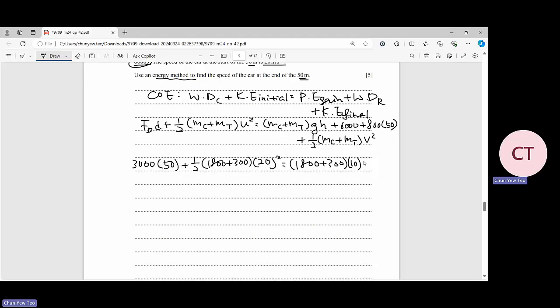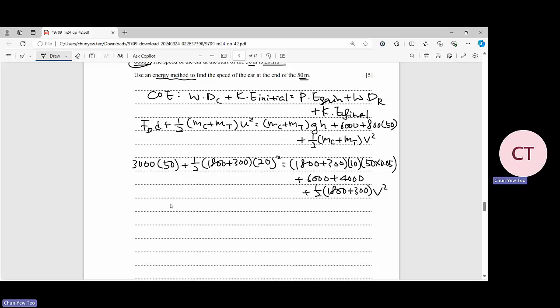The h over here will be 50 sine alpha, plus the 6,000, plus the 4,000, and then plus half of (1,800 plus 300) v square. The sine alpha, we can straight away make 0.05. Just press everything using the calculator.